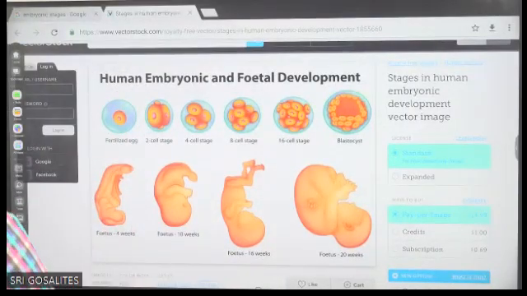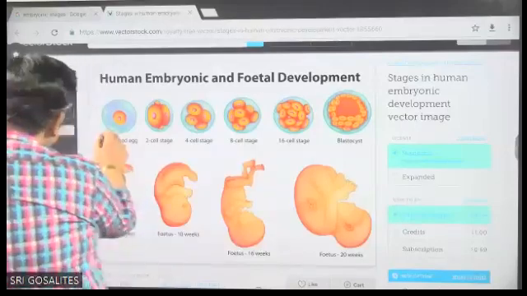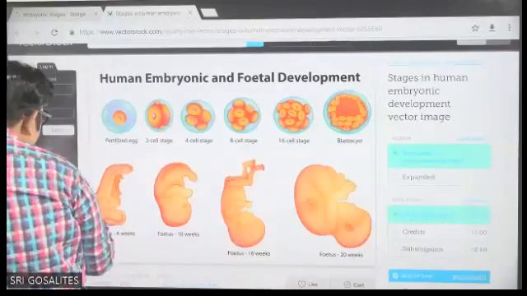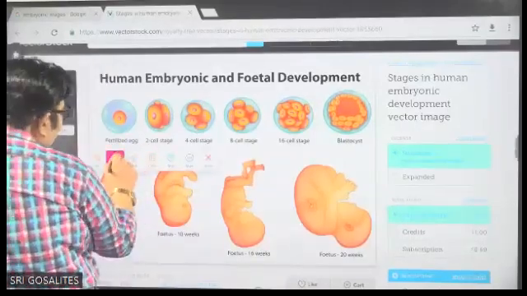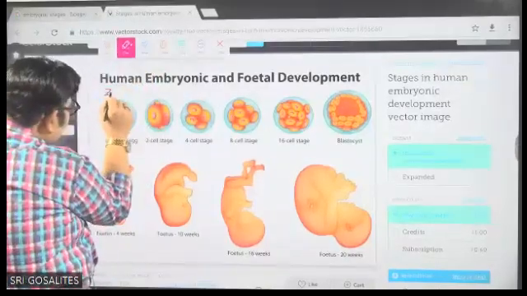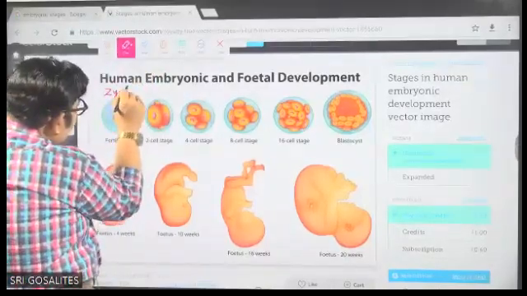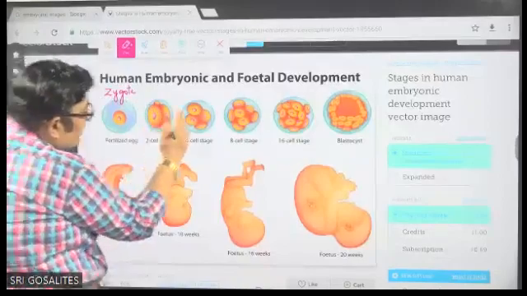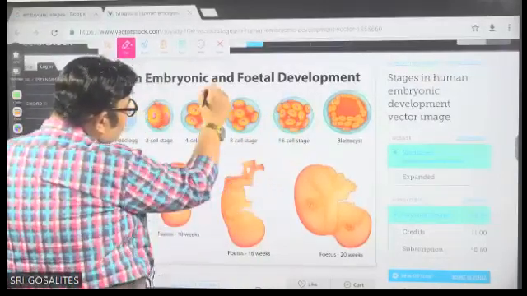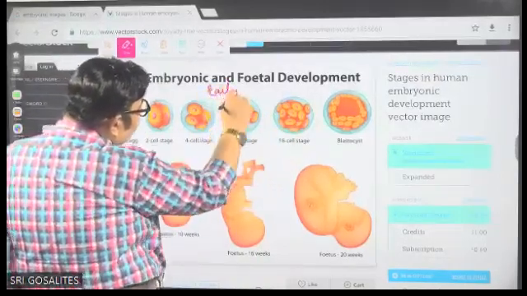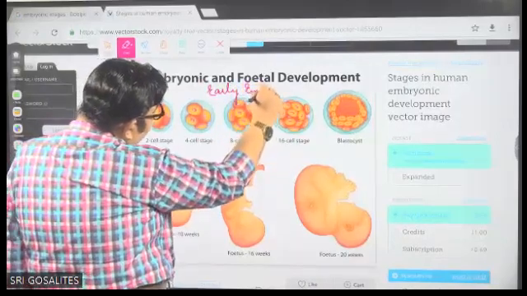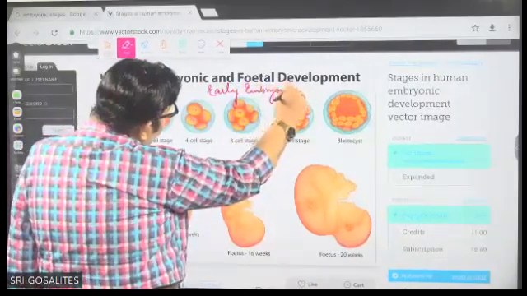First one, the fertilized egg, which is known as zygote. What shall we write here? Just now I told you, zygote. So I can call this fertilized egg as zygote. All these are early embryonic structures.